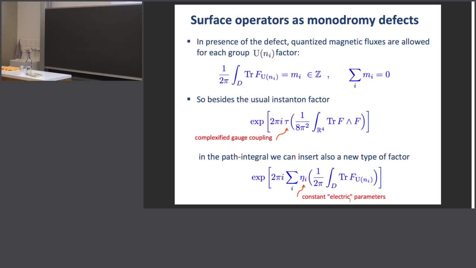That's quite important because now, if I want to study the structure of the theory, inside the path integral I have an extra option.